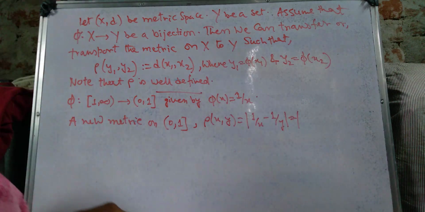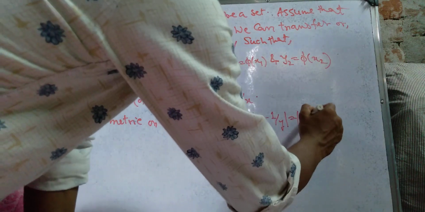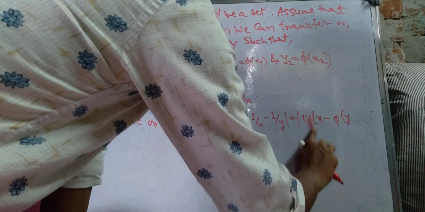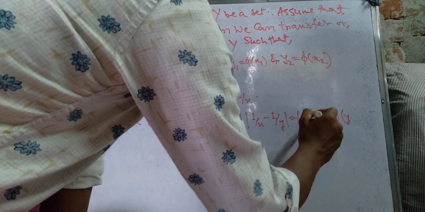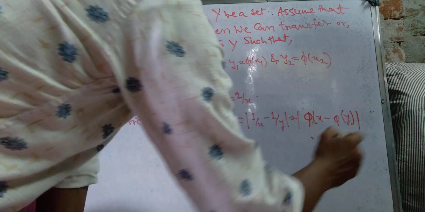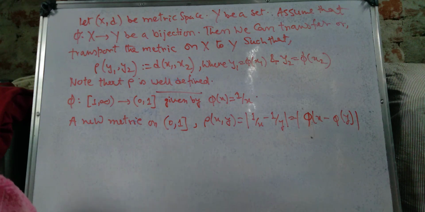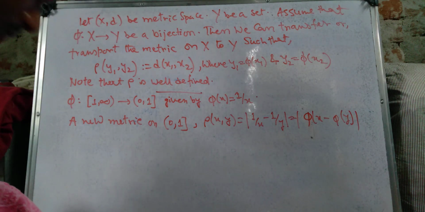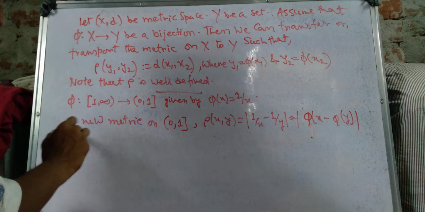That means phi(x) minus phi(y). Okay, this one equals 1 by x minus 1 by y.